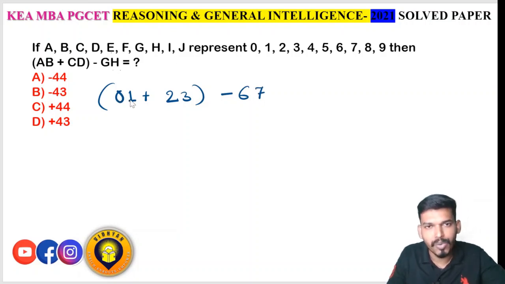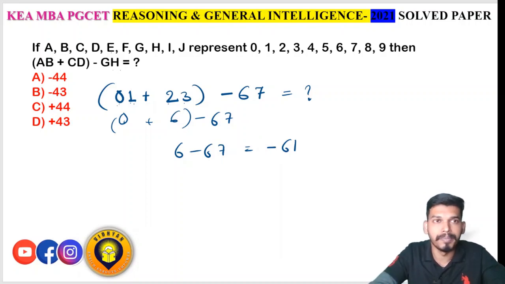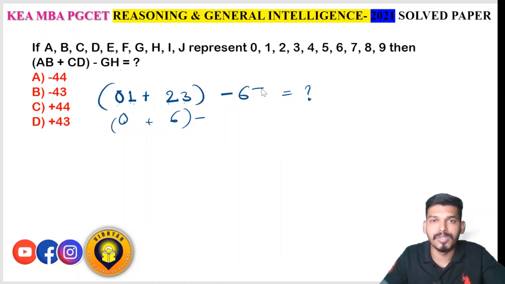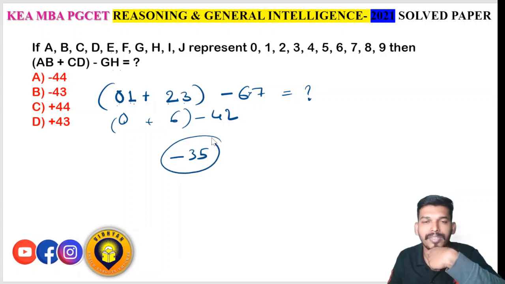So this is like 01 plus 23 minus 67 equals what? Sometimes what we do is, A0 B1, that means 0 into 1 is 0, then plus 2 into 3 is 6. Sometimes we do it like this. So if we do it this way, what answer comes? 0 for 01, 6 for 23, like C into D, it will become 0 plus 6 minus 67, which is 6 minus 67, that is minus 61 is the answer. I mean sorry, here also we have to multiply and see, right? So GH means 6 into 7, 6 into 7 is 42. So 6 minus 42 is minus 36. Okay, sometimes we may also end up with this answer.